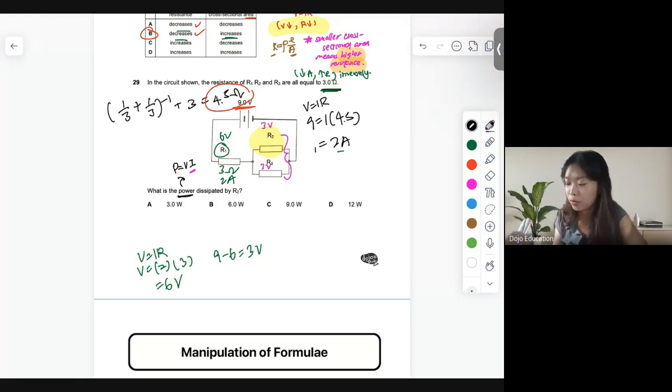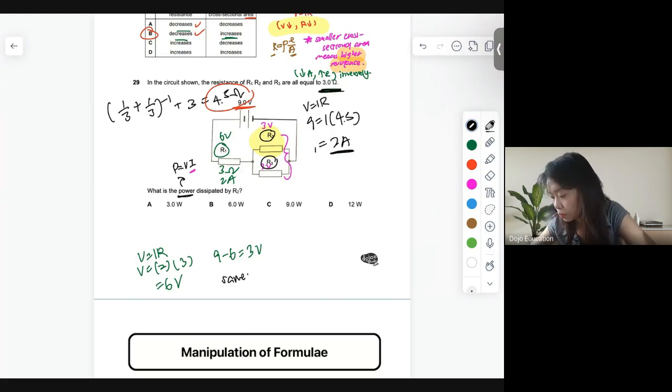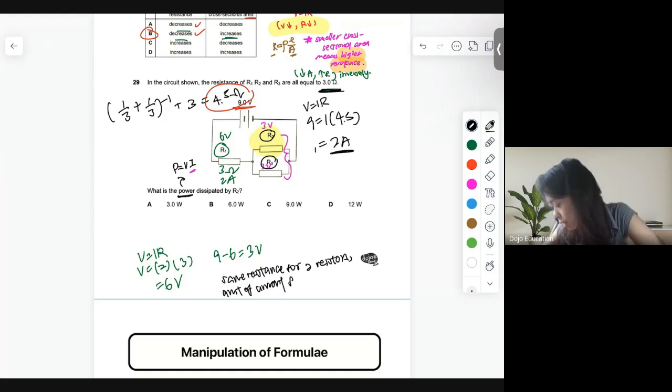What's my total current now? My total current is 2 ampere, right? 2 ampere. And then do you realize R2 and R3 actually have the same resistance, 3 ohm, right? When it's the same resistance for 2 resistors, the amount of current flowing through is the same.